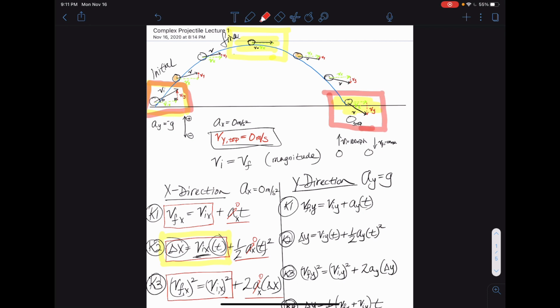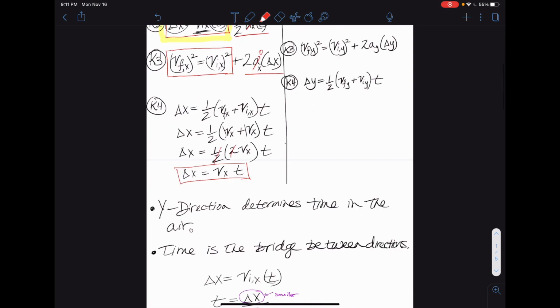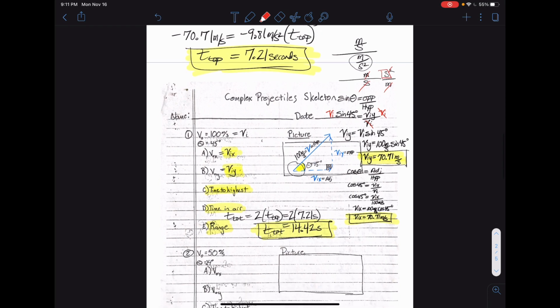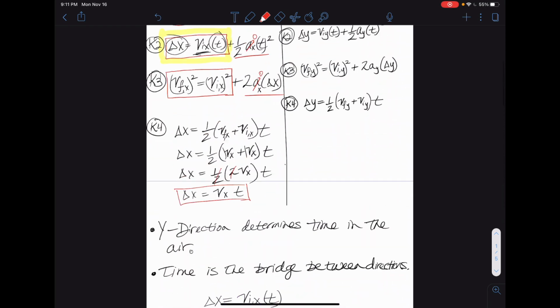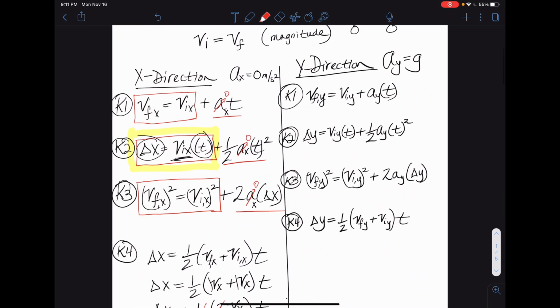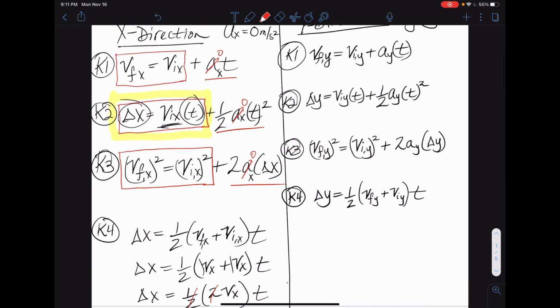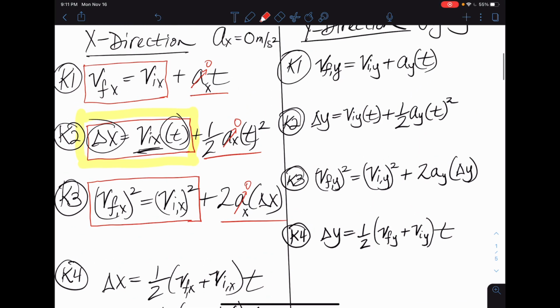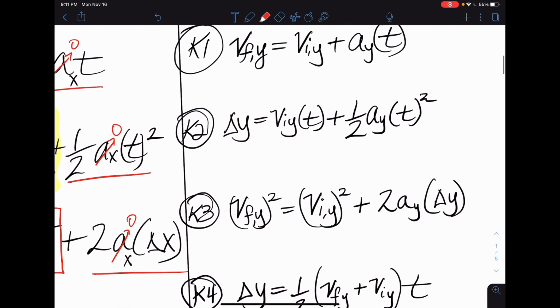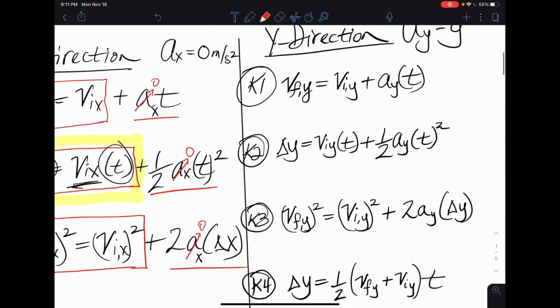And you wanted to know T total, right? Okay. Let me think about that. What would be the best way to do that? Well, let's look at our Y direction formulas. Can we use K1?